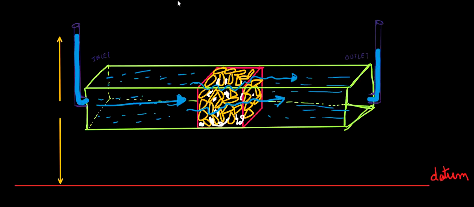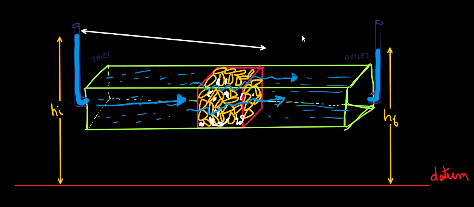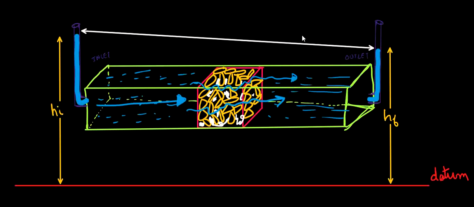Suppose this height is h1, or you can say h initial, so hi. On the other end, let's say height is up to this much only. Let us assume that this height is hf, or you can say h final. Now we can clearly see that our head is decreasing from this point to this point over here, okay.